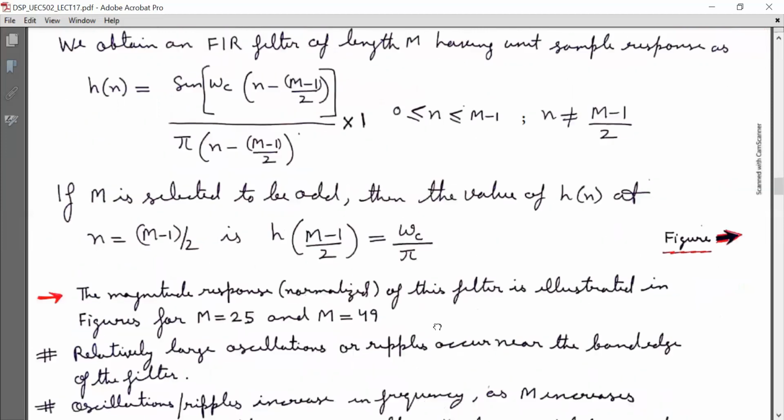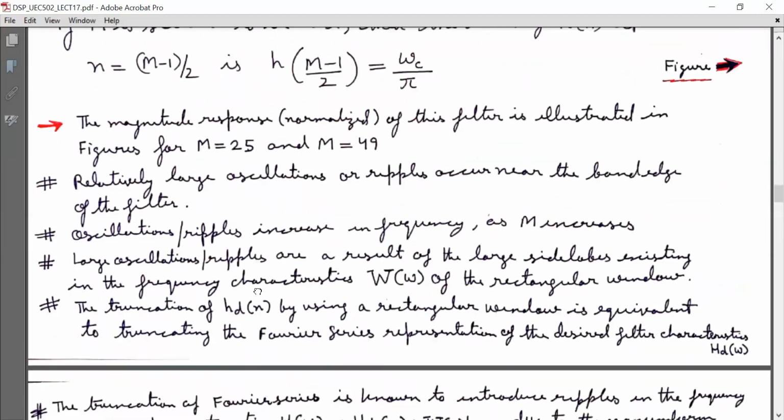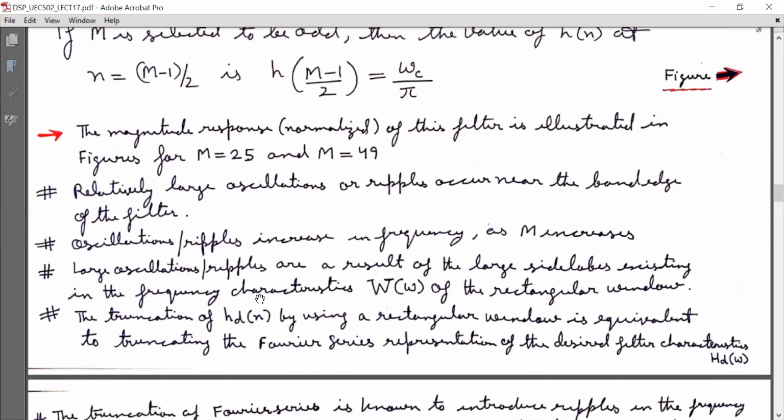So I have plotted, using these sample values, the magnitude response of the designed FIR filter on the next page. As I have performed the analysis of the rectangular window for M equal to 25 and M equal to 49, I am choosing the same values here for the FIR filter.